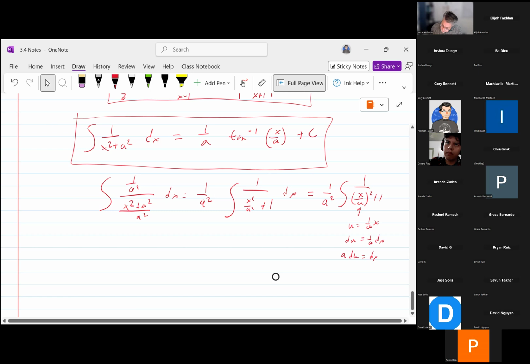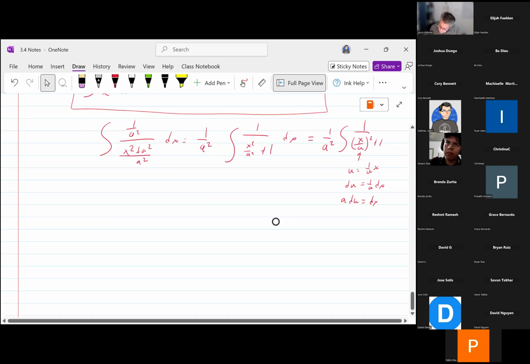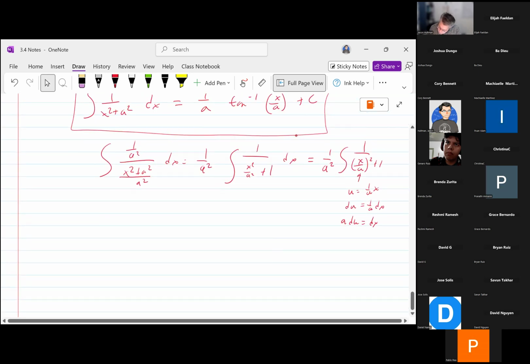And so when I pull this out, I'm going to get 1 over a squared times the integral of 1 over u squared plus 1 times a du, right? A du. Okay, so when I pull that a out, that's going to cancel with one of the a's on the bottom.